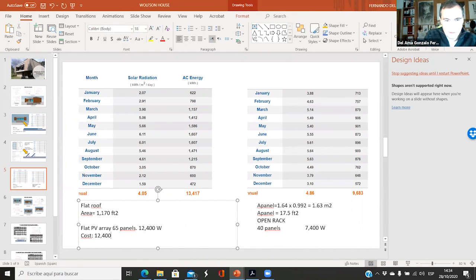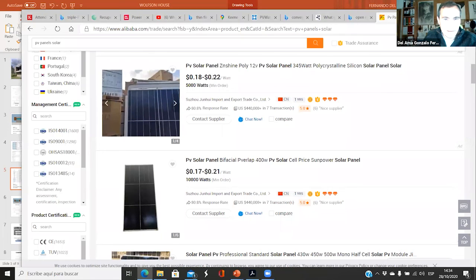12,400 watts times, what was the price? It was, let's say, 0.2, let's say 20 cents.